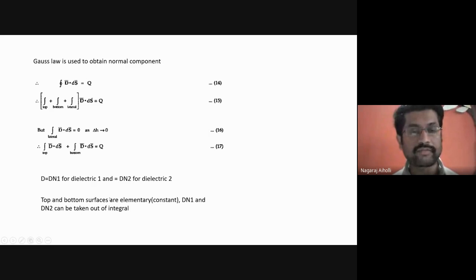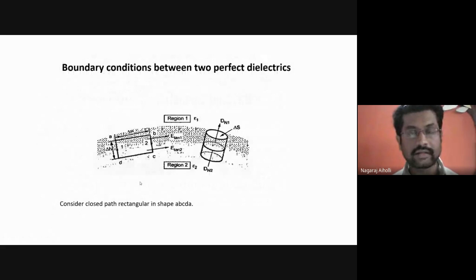Top and bottom surfaces are elementary, they are constant. Again, as we did for the analysis for the rectangular surface, similarly for the cylindrical surface, top and bottom surfaces are almost constant, and hence the normal component Dn1 can be regarded as constant and taken out of the integral.